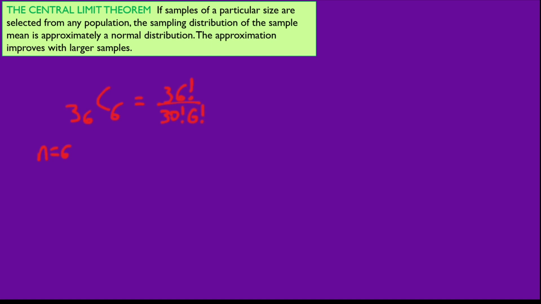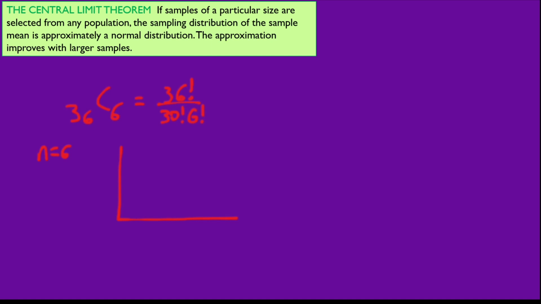But what we can learn from the central limit theorem is that this distribution of all of the possible sample means that we could take is going to be a normal distribution, or approximately normal. And so we can start to think about using our techniques with normal distributions in these situations.